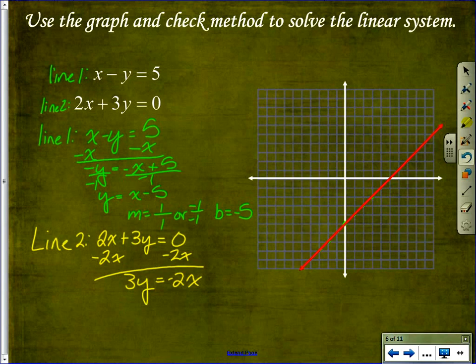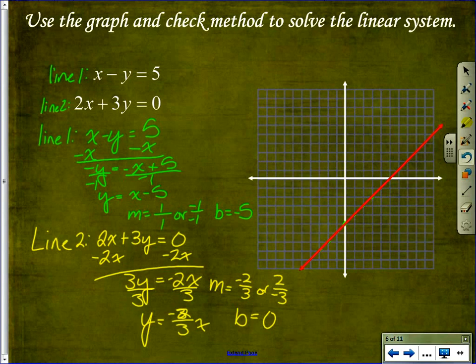No, right? So y equals negative 2 thirds x. So my slope is negative 2 thirds or 2 over negative 3. And my y-intercept is what? 0. Good.